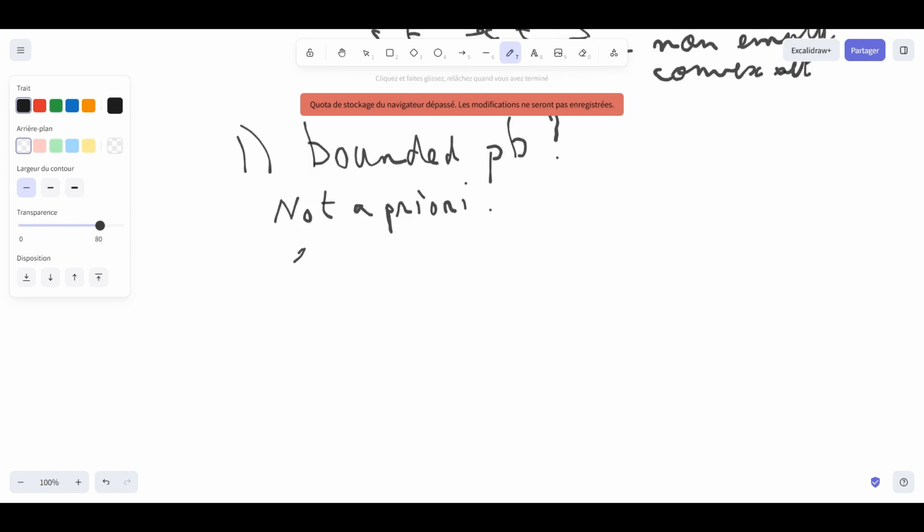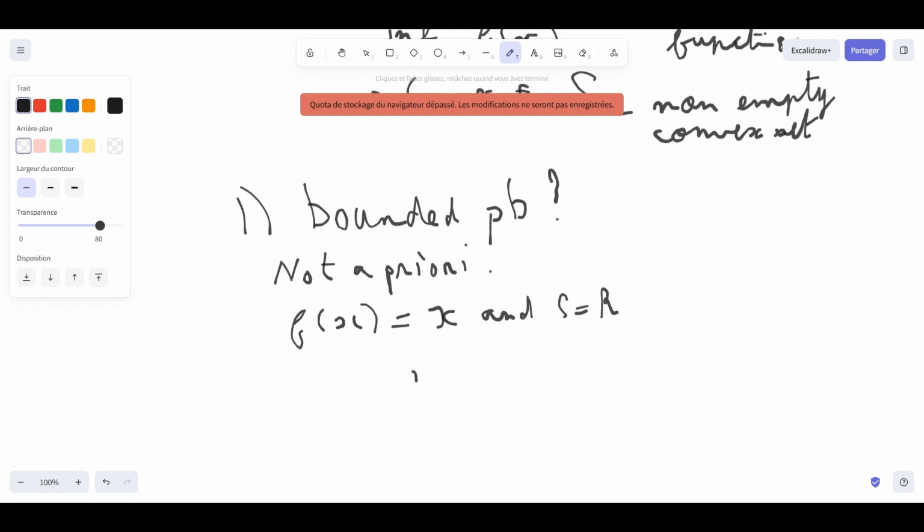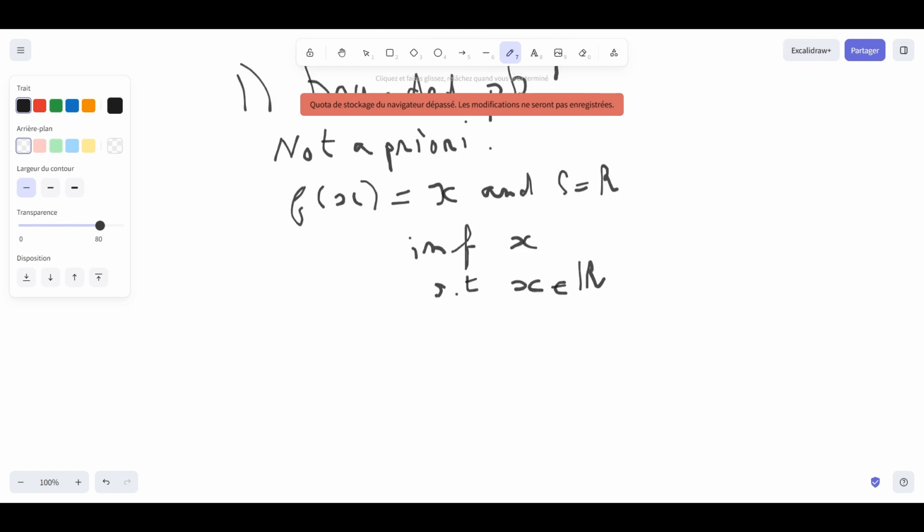Indeed, if you take for example f of x equal x and S being R, and if you wanted to write it in perfect form, you write it like this: inf of x such that x is in R. That's the standard way you'll see it written as a convex program.